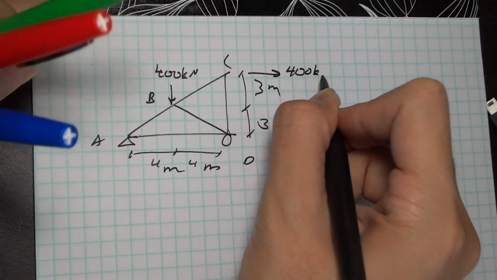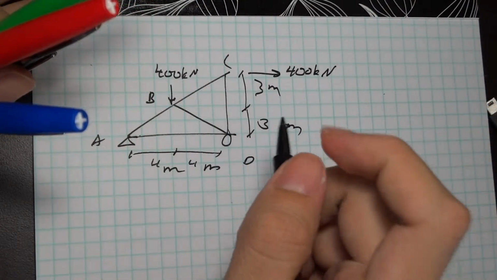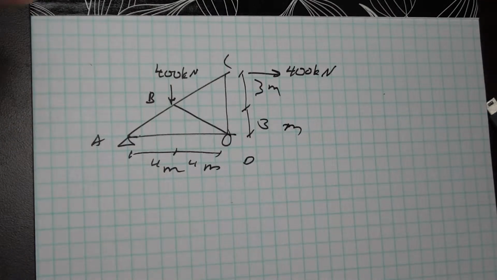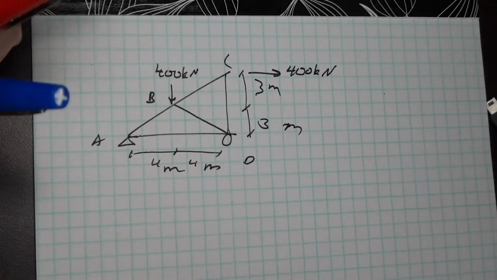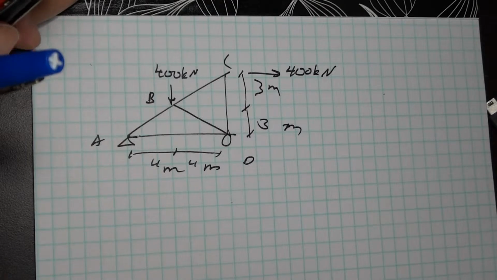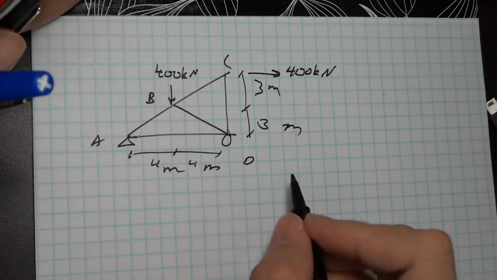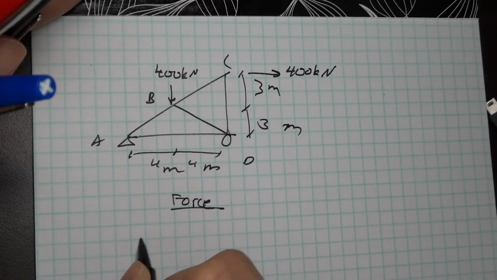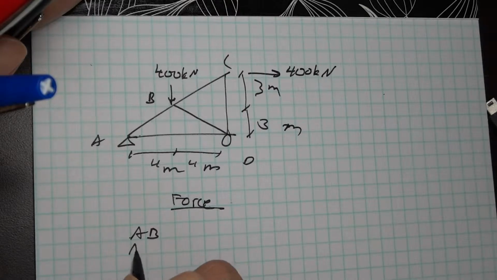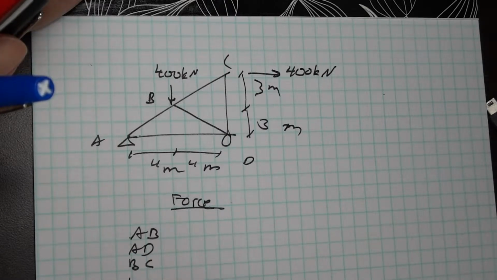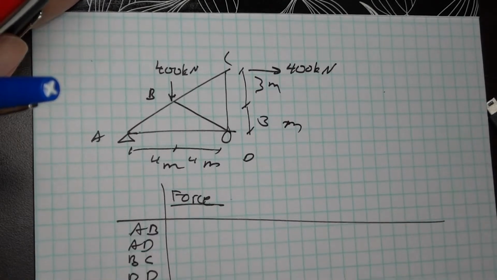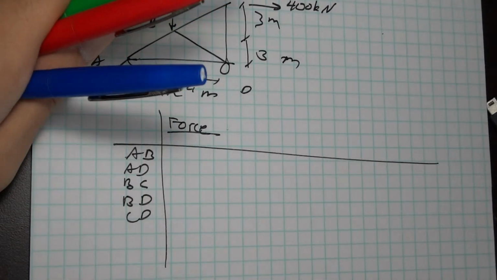Okay, so the first thing you want to do is, just looking at the loads that are currently in here, find the axial forces in every single member. You have 5 members here. So you want to find the force in AB, AD, BC, BD, and CD. So you want to find the forces in every single member.